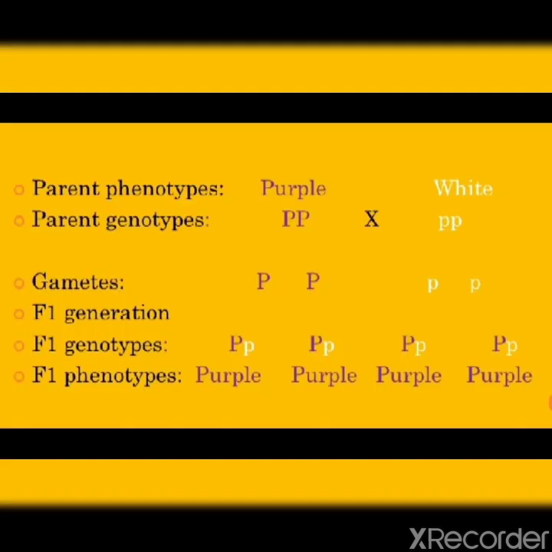Let's take an example to understand this monohybrid cross. Mendel took a parent phenotype, which is the color of a flower.